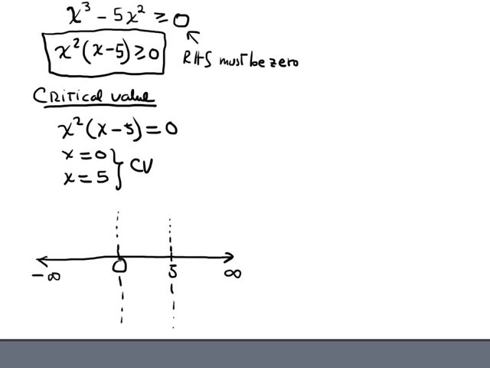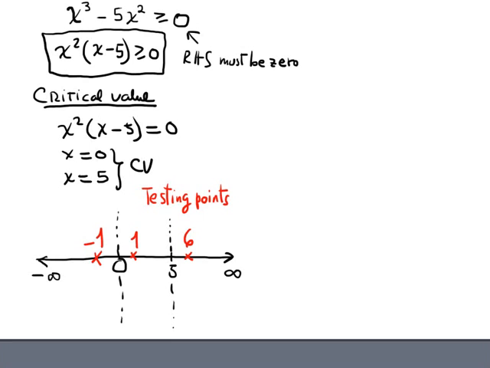And you select an arbitrary testing point before and after each critical value. Completely arbitrary: -1, for example; between 0 and 5 maybe 1, maybe 2, it doesn't matter, the answer doesn't change; and after 5, 6. These are the testing points.